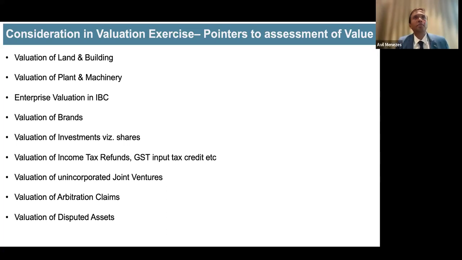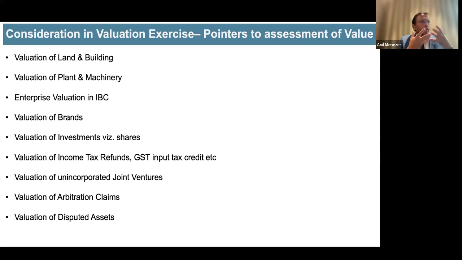As far as claims are concerned, in one of my cases, the valuers valued the claims by assigning a percentage, saying that this may happen. I had claims of almost 1200 crores, and they assigned 10 to 12%, around 150 or 160 crores. But who would pay that value is the question.